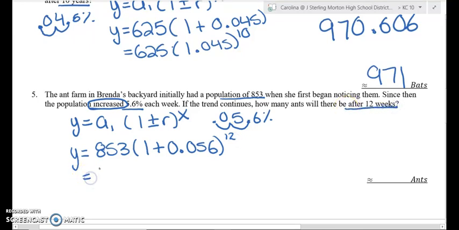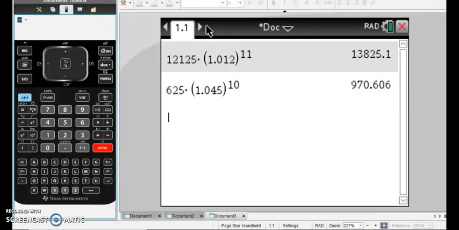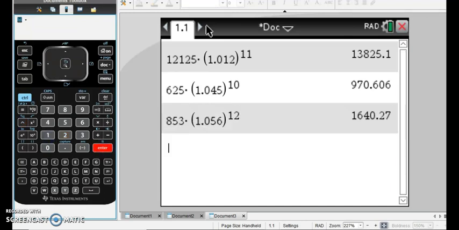Again, I usually simplify 853 parentheses 1.056, raise that to the 12th power. So that's exactly what I'm going to type into my calculator. 853 times parentheses 1.056, raise that to the 12th power. And that's going to be my answer.